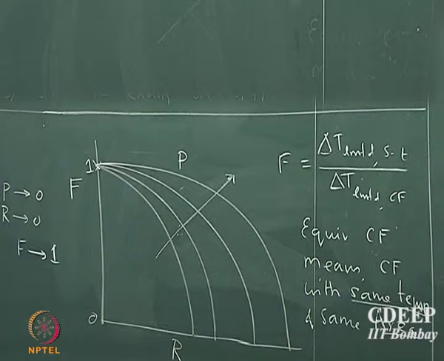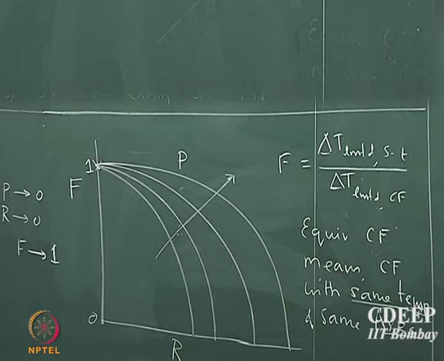In fact, same area is not relevant from the calculation point of view, but you must understand that it is very important, because for calculating delta T you only need the temperature differences. But when it is equivalent counterflow, it means that the area of heat transport is also maintained similar. Otherwise, you cannot expect the same temperature difference to occur in a real situation.